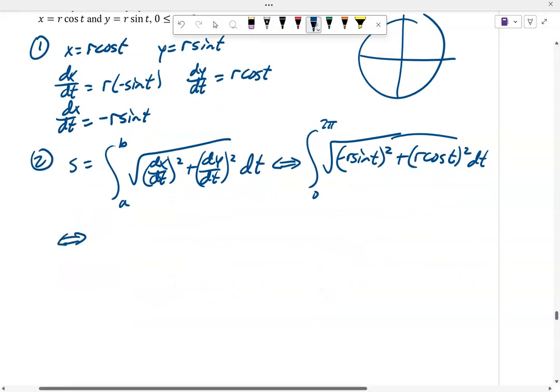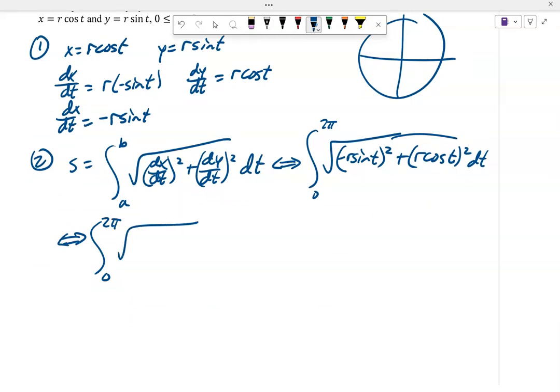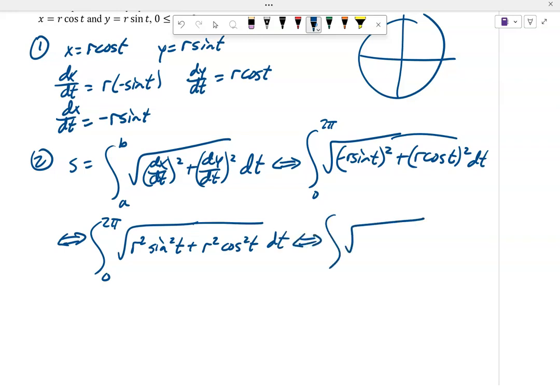And so this ends up being from 0 to 2 pi of the square root of r squared sine squared t plus r squared cosine squared t dt. So I've got the square root of r squared times sine squared plus cosine squared.